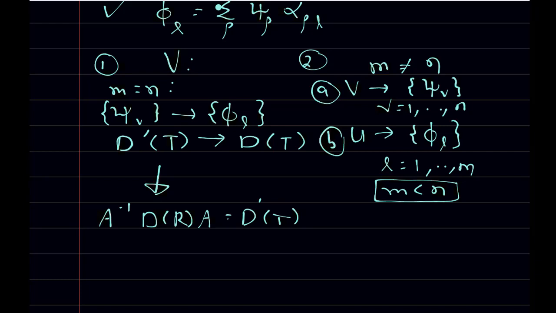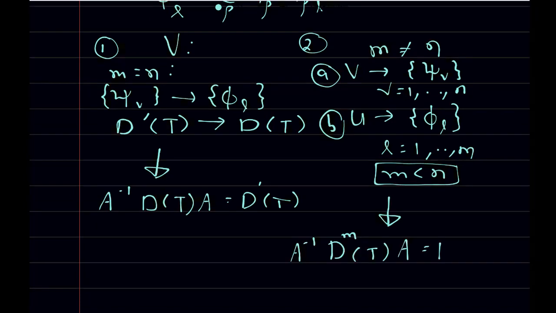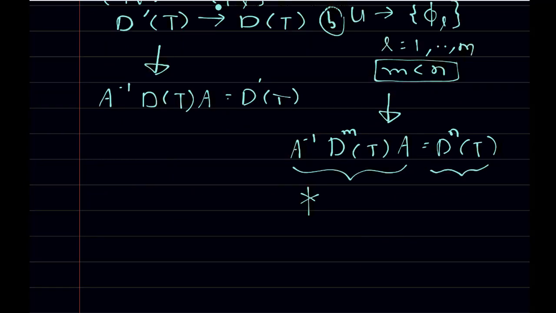Okay, so again, let me remind you what we are doing. We are going to use these things, and I want to show you that these things are possible. In one case, if the vector spaces are the same, and basis sets are in the same dimension, a similarity transformation can be found.